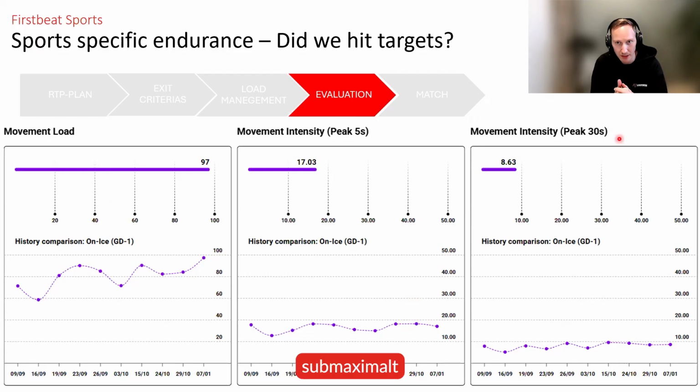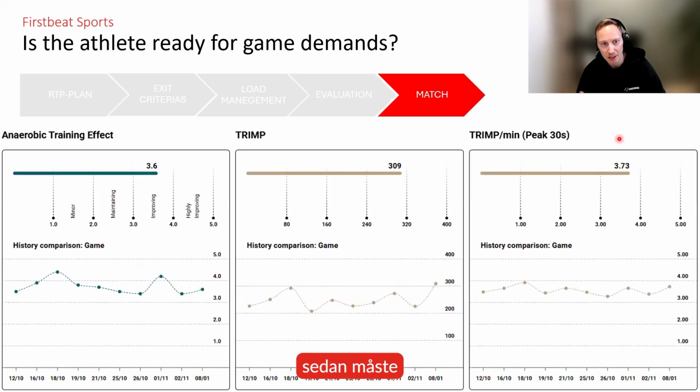So submaximal fitness test, heart rate exercise, and lactate, and then also the game day -1 values were quite on a similar level as the pre-injury values. So the player got the green light and played the first game after the injury.